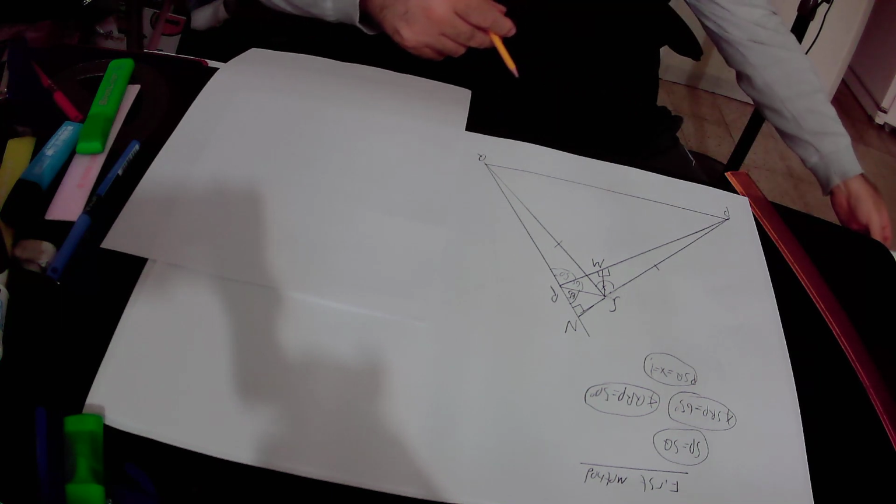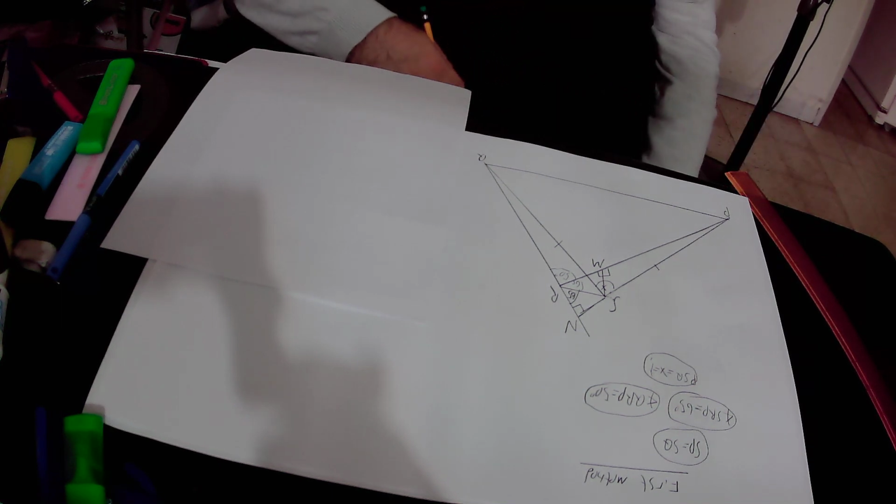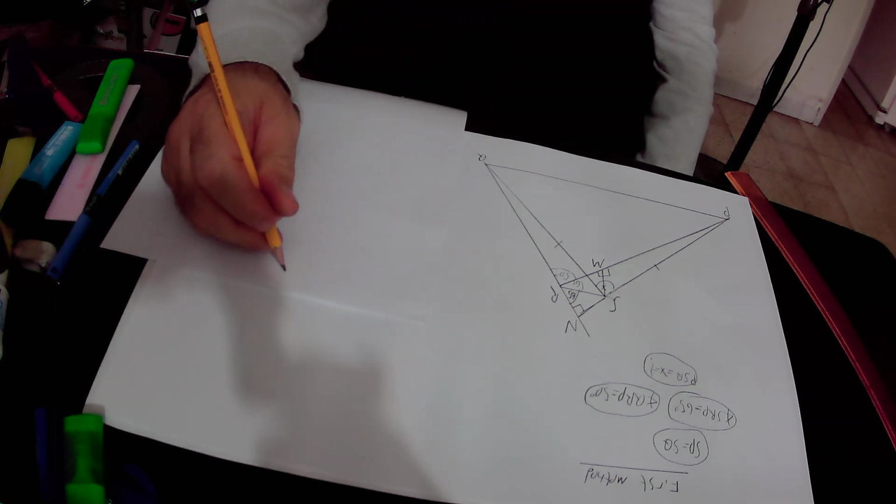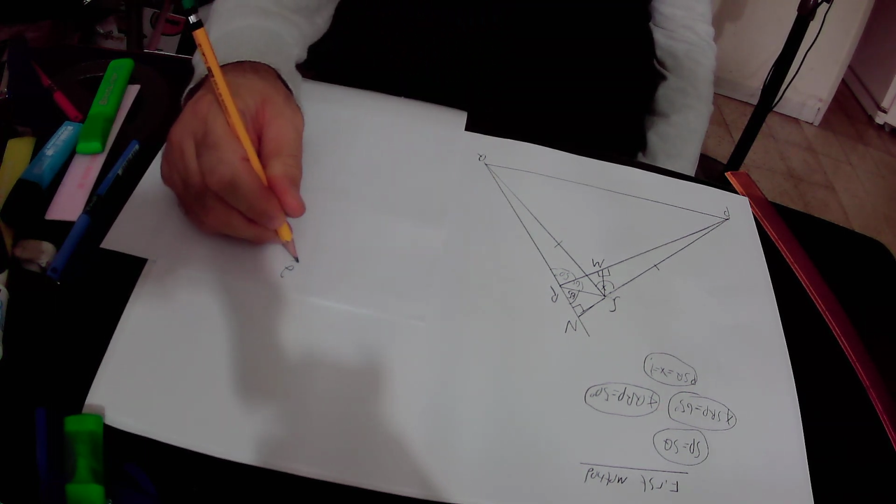If you prove that two angles and the side attached to those two angles in one triangle are correspondingly equal to two angles and the side attached to those two angles in another triangle, then you have proved that those two triangles are congruent according to the angle-side-angle rule.